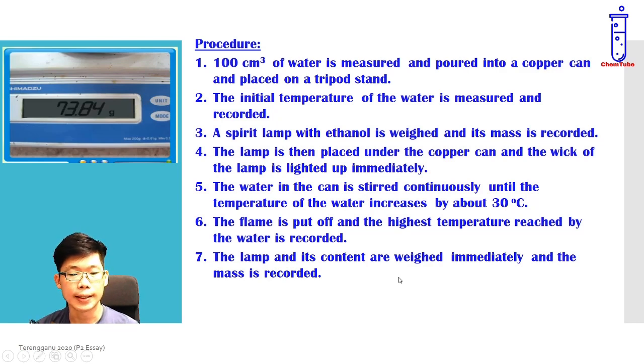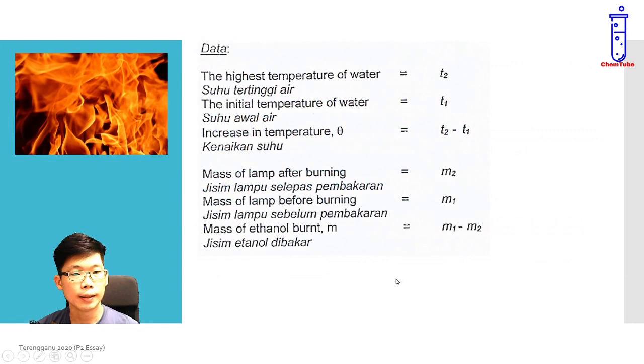Okay, it vaporizes easily. So from the data you can use unknowns. No need to give any value for the answer. So here you can put the highest temperature as, let's say, T2 degrees Celsius. You must remember to put the unit. The initial temperature is T1 degrees Celsius. So the increase in temperature will be T2, the highest, minus T1 degrees Celsius.